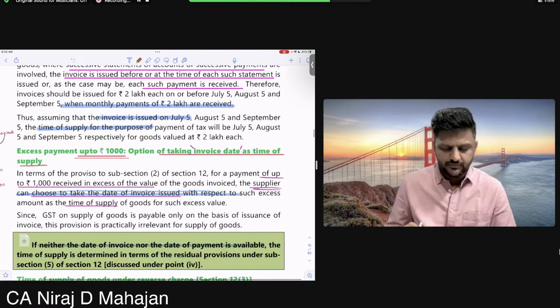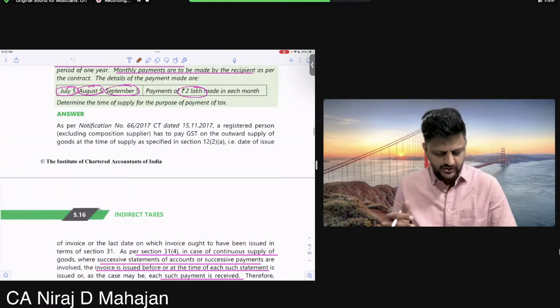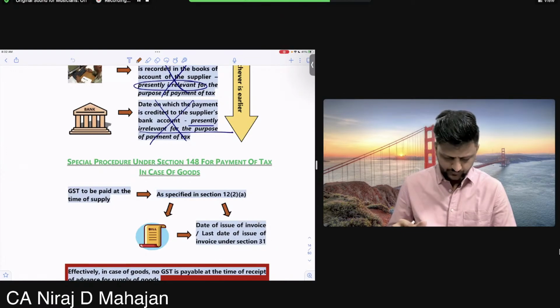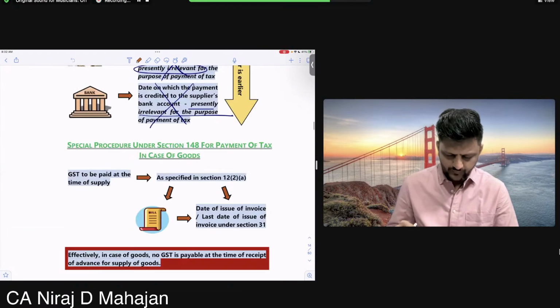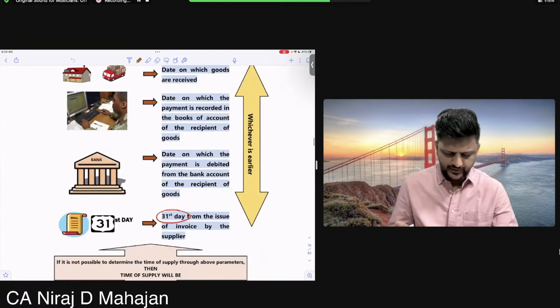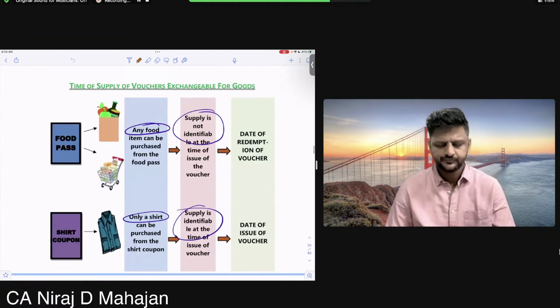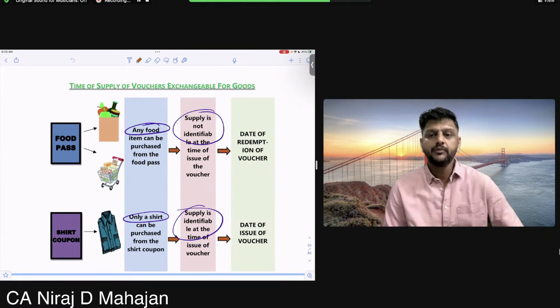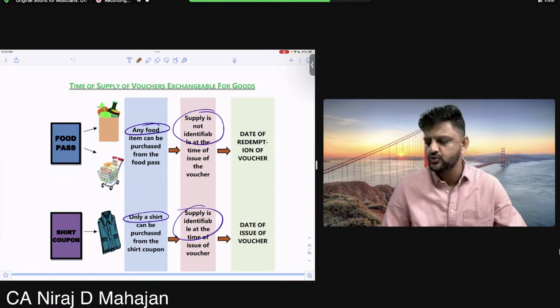Then we went into the interesting concept of coupons, or you can say vouchers. That also we had seen. Vouchers are given, vouchers are supplied. But what will be the time of supply against those vouchers?